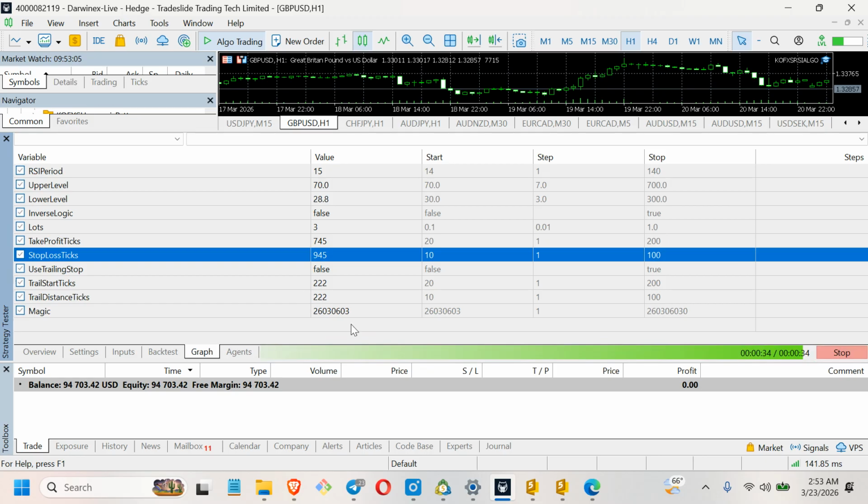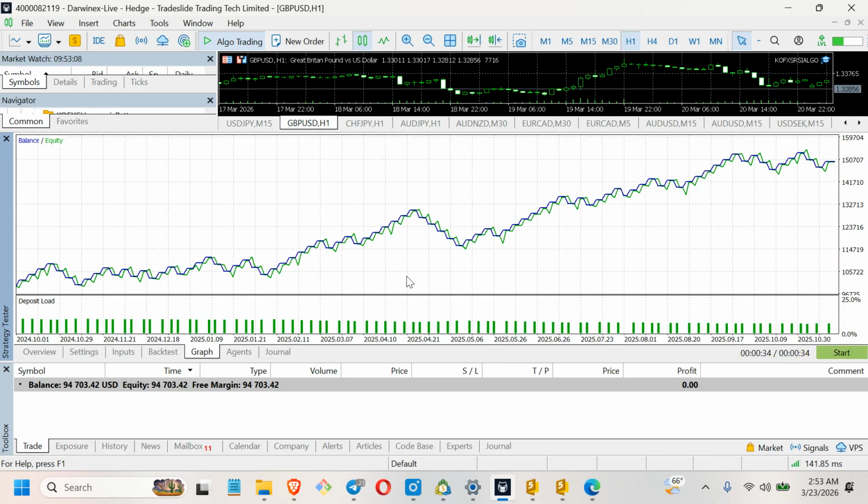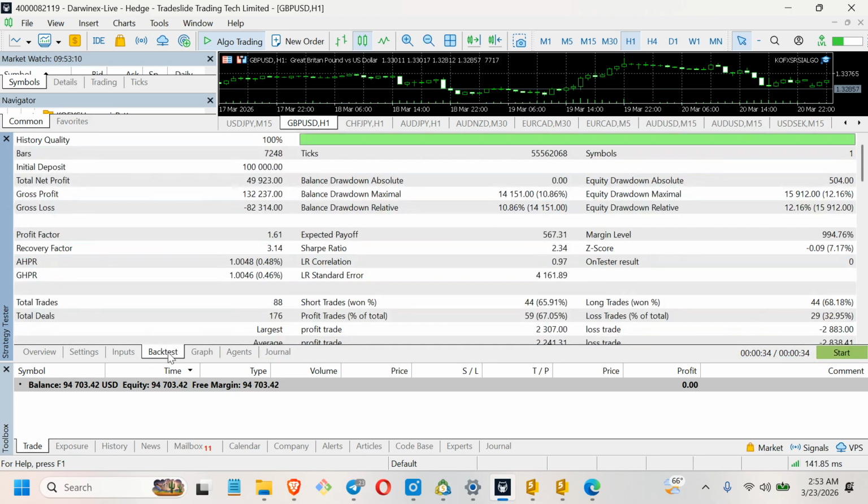Squeezy, squeezy. Back test, pretty much 50% gain. The max equity drawdown 12, max drawdown was 10, profit factor 1.61.